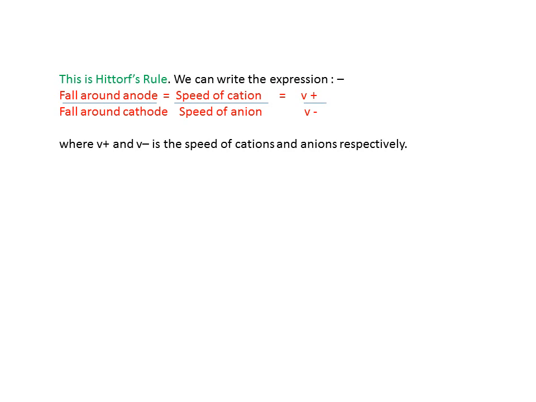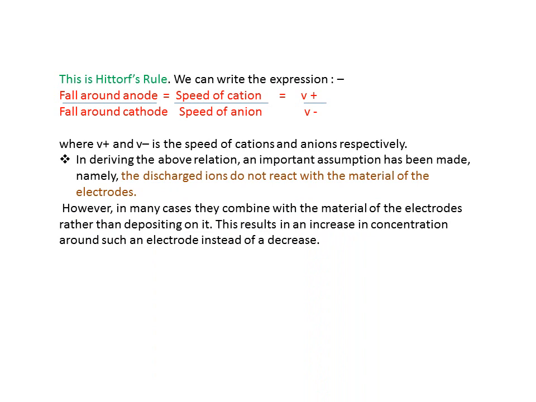According to Hittorf's rule, the loss of concentration around any electrode is directly proportional to the speed of the cations or anions. Therefore we can write that the ratio of fall around the cathode divided by fall around the anode is equal to the speed of cation divided by the speed of anion, equal to V plus and V minus, where V plus and V minus are the speeds of cations and anions.